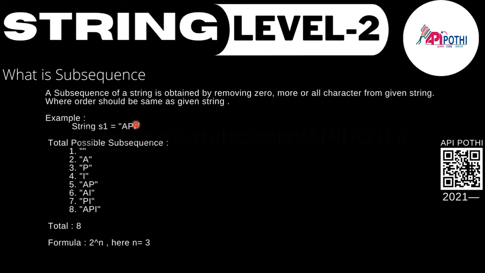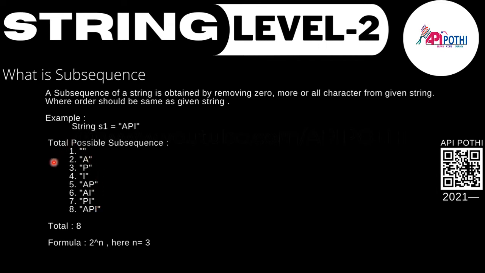Same as we have deleted A and received PI, which is a subsequence. And out of API, if we have not deleted any of the characters, then API itself is also a subsequence.